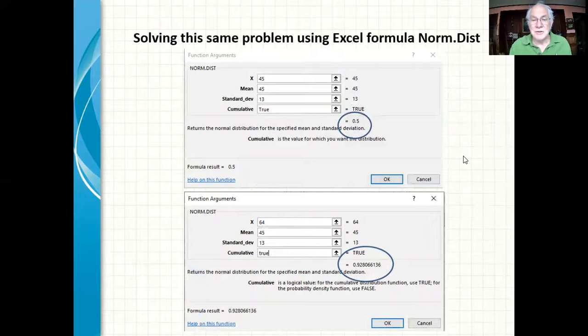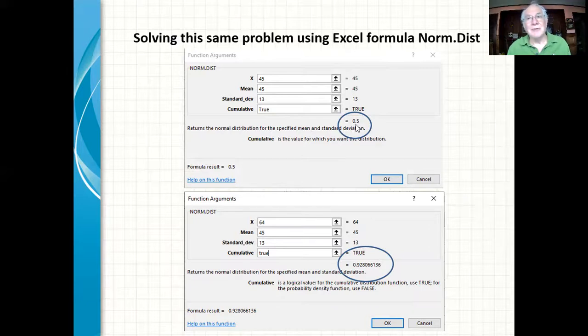Well, there's a couple ways you do this one. And again, there's a formula in Excel called NORM.DIST, the normal distribution. What I put into this is 45 for the raw score, 45 for the mean, standard deviation of 13, true, which means cumulative, you remember that, and it gives me a 0.5.